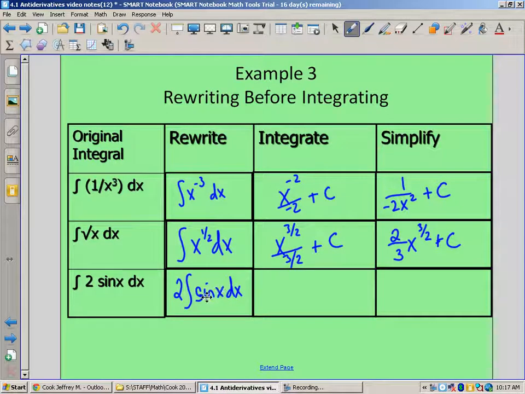So when I anti-differentiate sine, I'm going to get a negative cosine. So when I integrate it, I'm going to get negative cosine x. And then don't forget your constant. And then a little simplification would be something like this. And so that's really what we're talking about when we're rewriting these, and it's sometimes best practice to do that on a few of these.